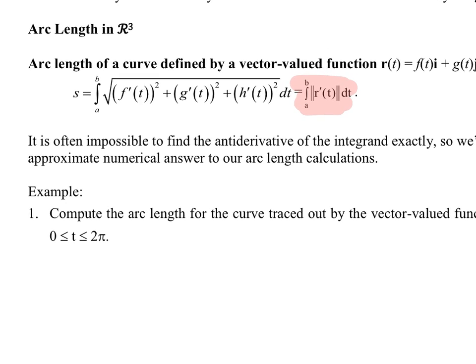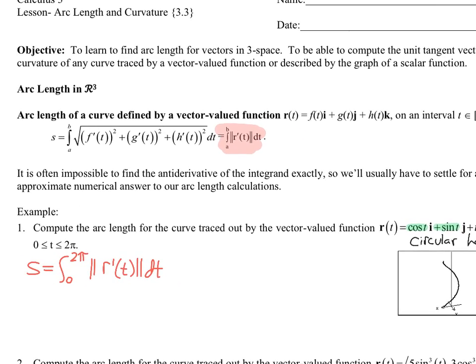Now, they give us the start and the end point, so s is going to be on the interval of 0 to 2 pi, the integral of the magnitude of r prime of t, dt. So I just need r prime. Let me jot that down here.